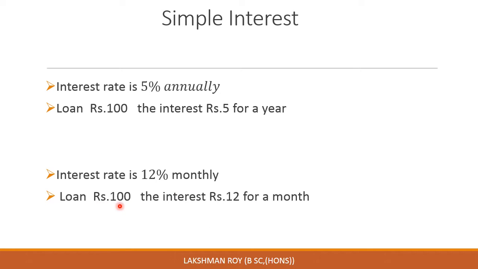If you take a 100 rupees loan for a month, in 1 month you have to pay 12 rupees interest. So that is the meaning of 12% monthly. So when we go to sums, questions, you have to use this carefully.